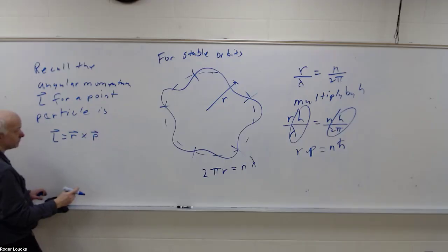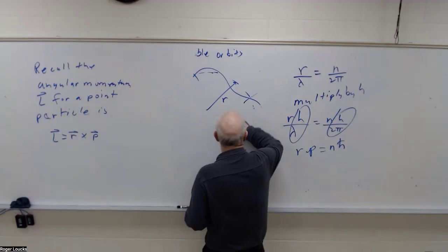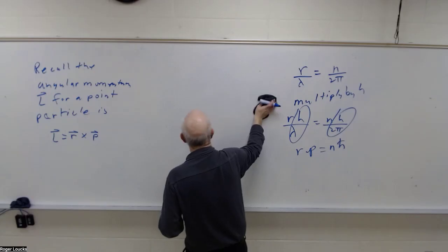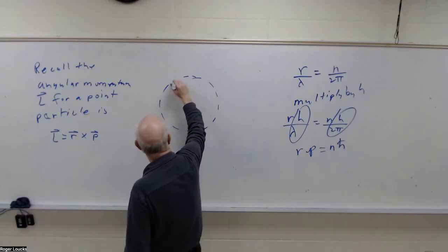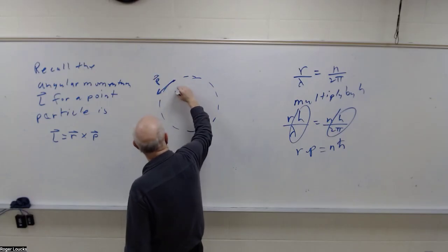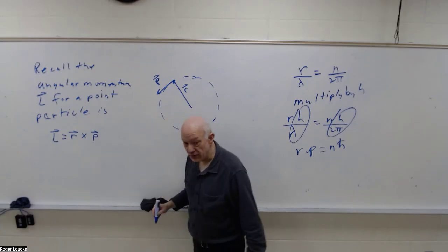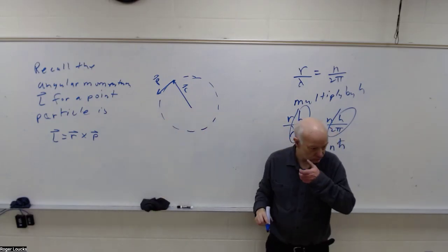So what do we have here? There's our p. There's our r. If this is a circular orbit, what angle does r make with p? 90 degrees.